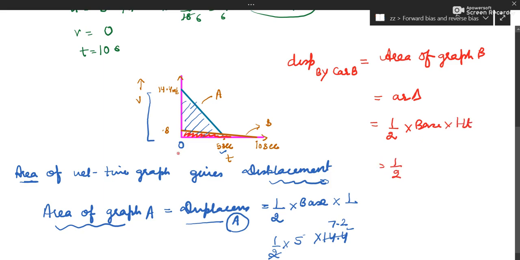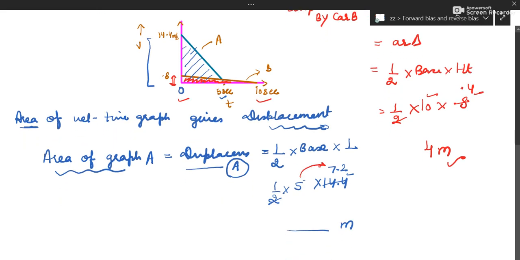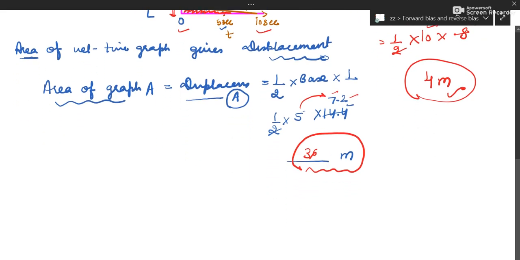So what is base? 0 and this is 10. So 10 minus 0, that is 10, and height is this much, that is 0.8. So this is 0.4 and you can multiply, it's 4 meter. So this is 4 meter, and car A's value is 36 meter. So its displacement is more and its displacement is less. So this is question number 5.